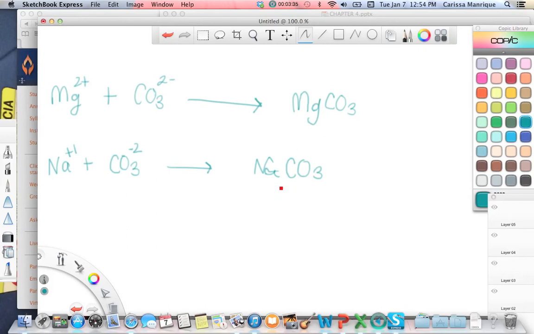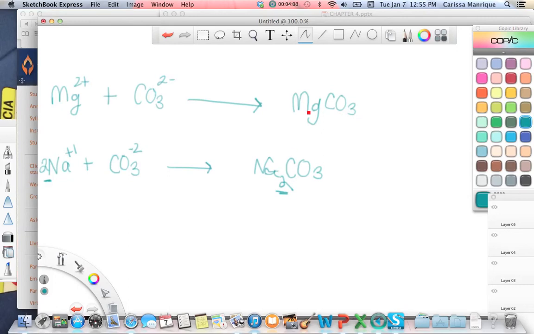So it's going to be Na2CO3, meaning I need 2 sodiums to balance out the carbonate, so I need to reflect that over here. There's going to be 2 of those. Alright, the charges are balanced over here, so I don't need to add anything, so this stays as MgCO3.